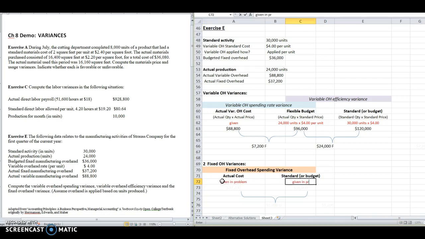Both of them were given. It says our actual fixed overhead was $37,200 and our budgeted fixed overhead was $36,000. All we have to do is subtract the two. We have more cost than we planned, so it is going to be an unfavorable variance.